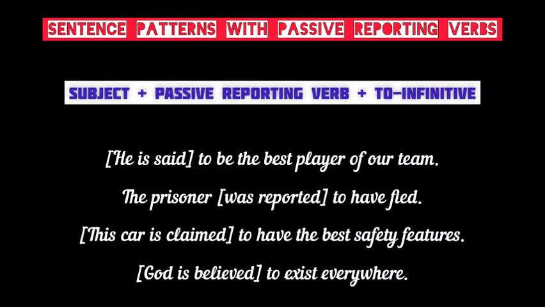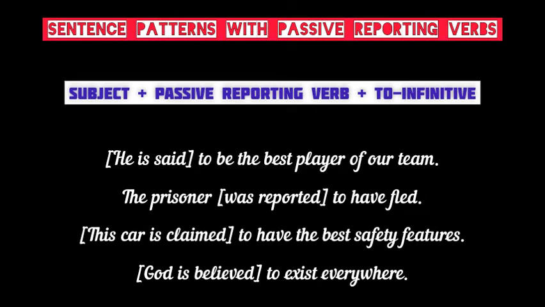The second sentence pattern with the passive reporting verb for distancing is the subject plus passive reporting verb plus to infinitive. Take for example the first sentence, he is said to be the best player of our team.